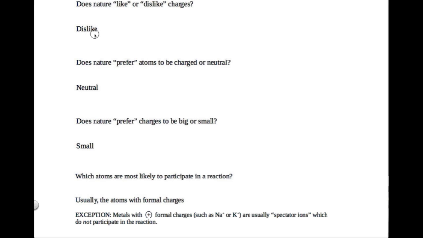If nature sees an atom with a formal charge, nature is going to dislike that it has that charge, and nature is going to want that atom to participate in the reaction so that the atom can get back to neutral. Now, there is an important exception to this pattern. A metal with a positive formal charge, such as sodium plus or potassium plus, is usually a spectator ion which does not participate in the reaction.